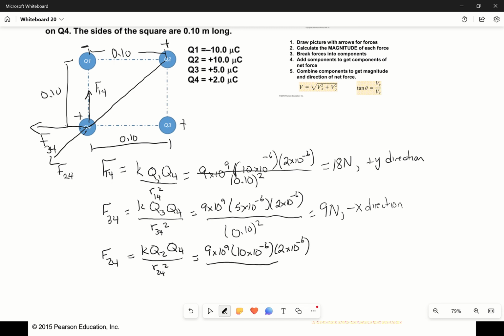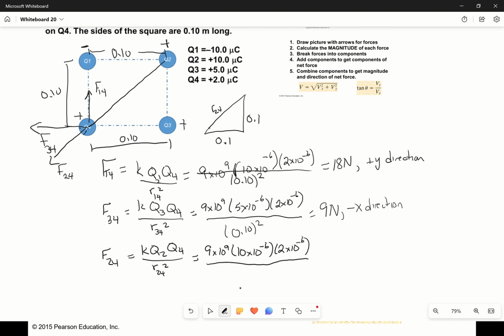And now I need to know what's the distance, diagonal distance between 2 and 4. Well, if I look at the square, I want to know the diagonal distance. I know each side is 0.1. So the distance between 2 and 4, the diagonal distance on that square, we can just use Pythagoras.